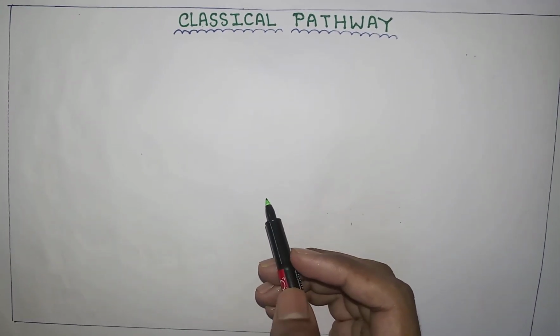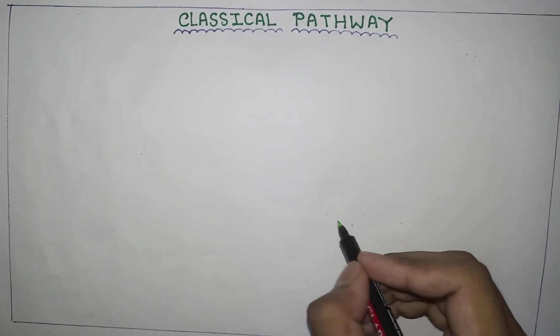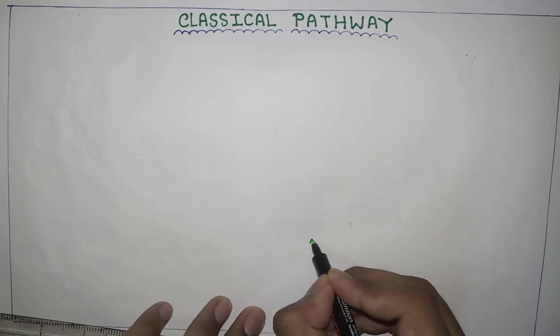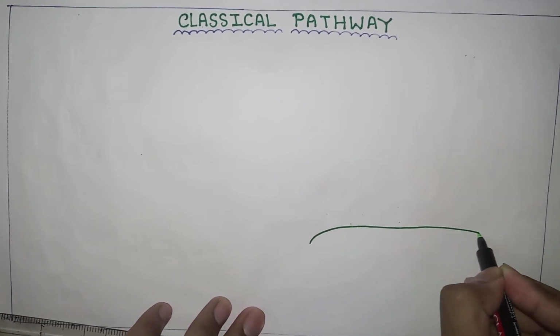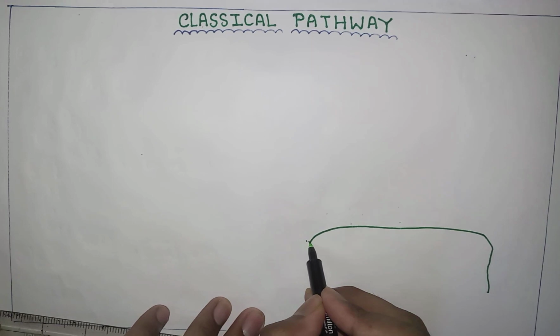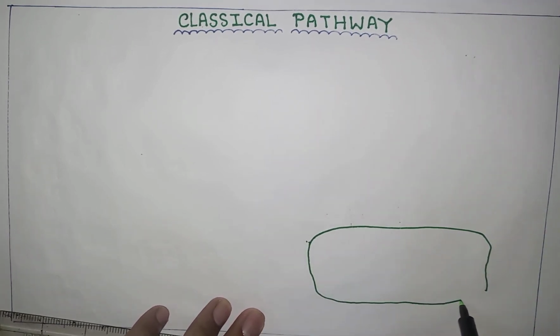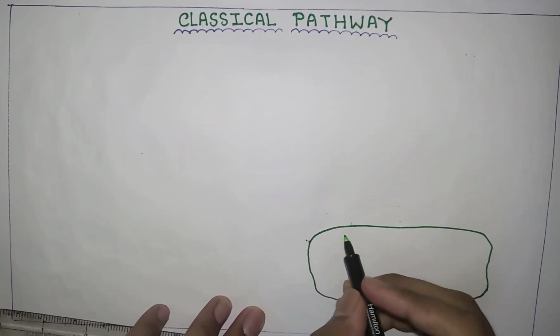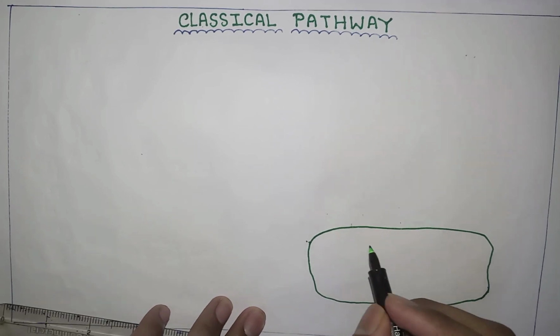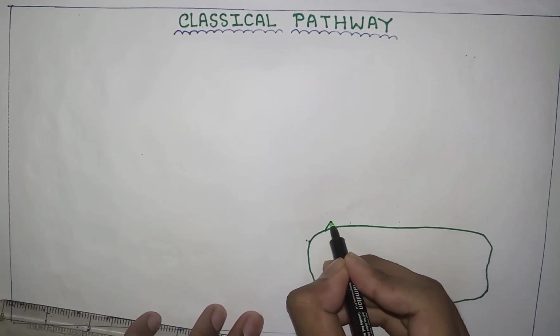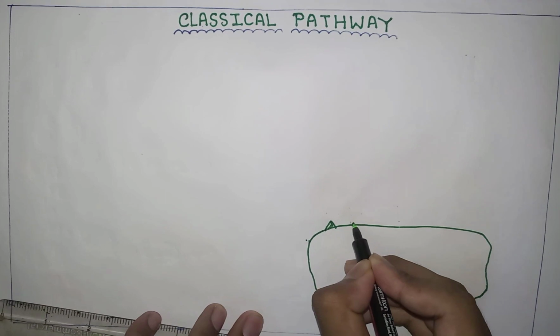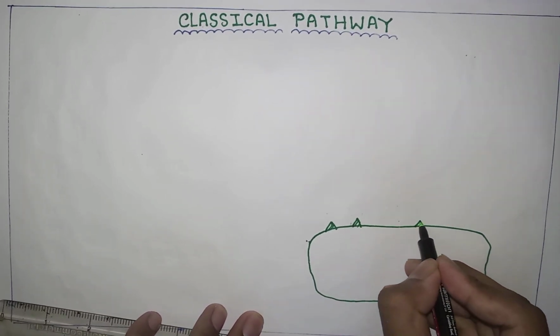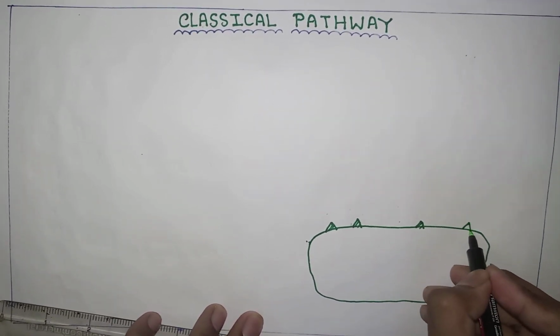Today we will be discussing the classical pathway of the complement system, and how the classical pathway functions. Suppose it's a bacterial cell. We know that the bacterial cell surface contains epitopes. Epitopes are antigenic determinants.